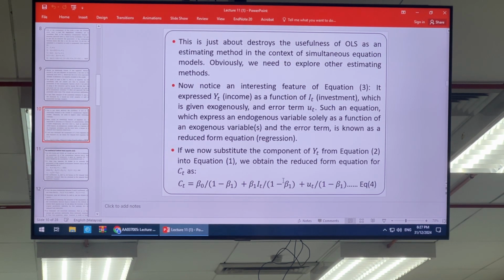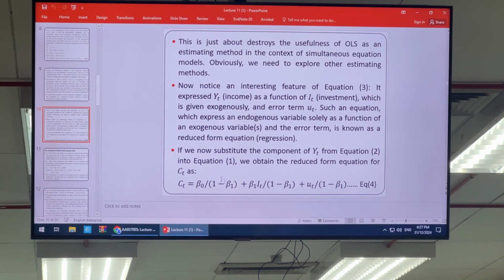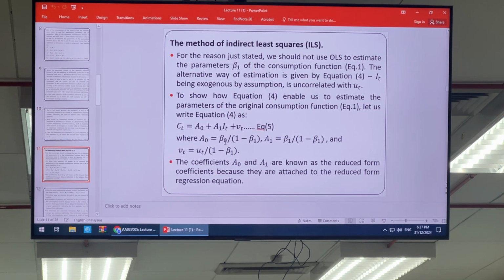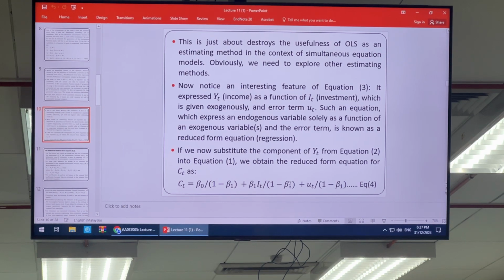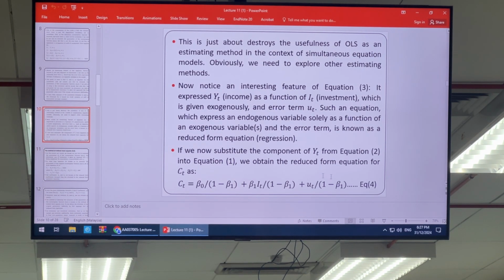If you compare to this one, A0 is equal to this one in the reduced form equation. And then A1 is equal to the coefficient for IT, investment, so it is equal to beta 1 over 1 minus beta 1. Yes, the coefficient for IT, as given by this one. And then the BT here is equal to this one.